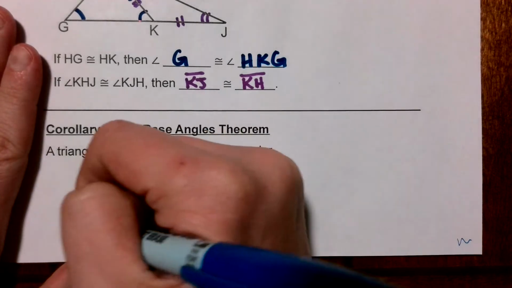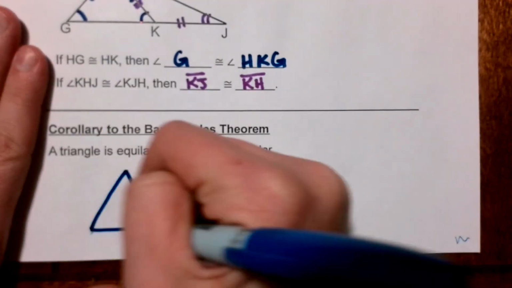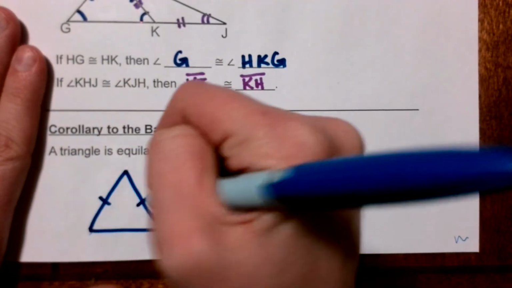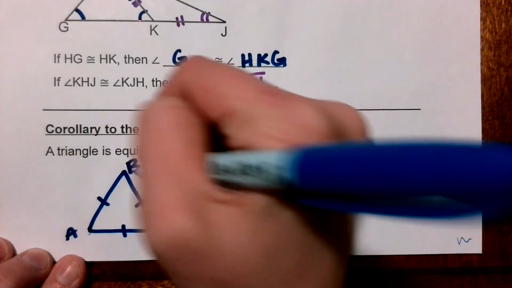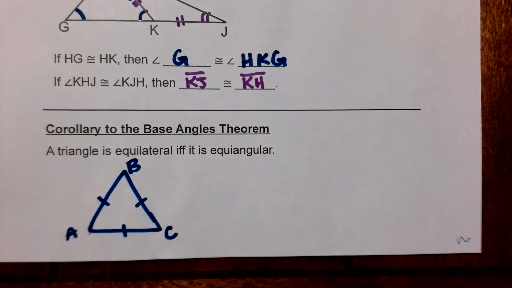So if we think about an equilateral triangle, let's call this ABC. If I have an equilateral triangle, I basically have the base angles theorem happening 3 times.